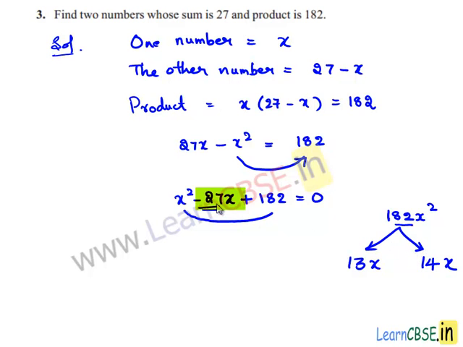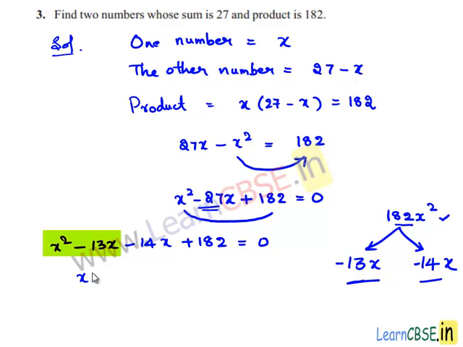Here we have minus 27x. So we need to put minus 13x and minus 14x. Now their sum will be minus 27x and their product will be 182x square. So minus 13x and minus 14x satisfy both the conditions. So replace minus 27x with minus 13x and minus 14x, plus 182 is equal to 0.